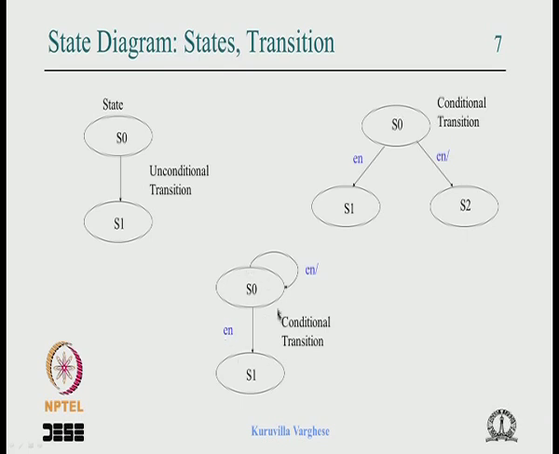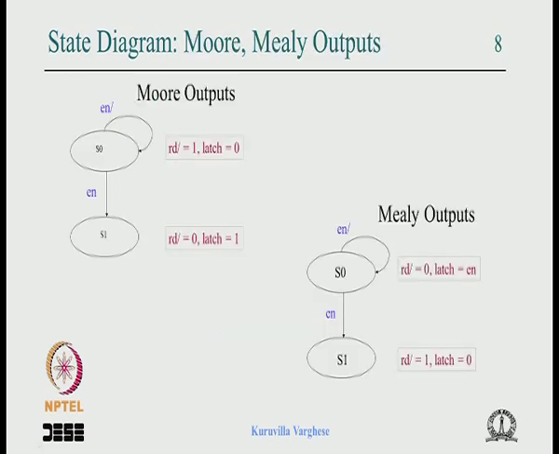And another very useful condition is waiting for some signal to become active. So here as long as this enable is not active, the machine remains in the present state S0, and when that becomes active it goes to the next state. Both are conditional transitions.